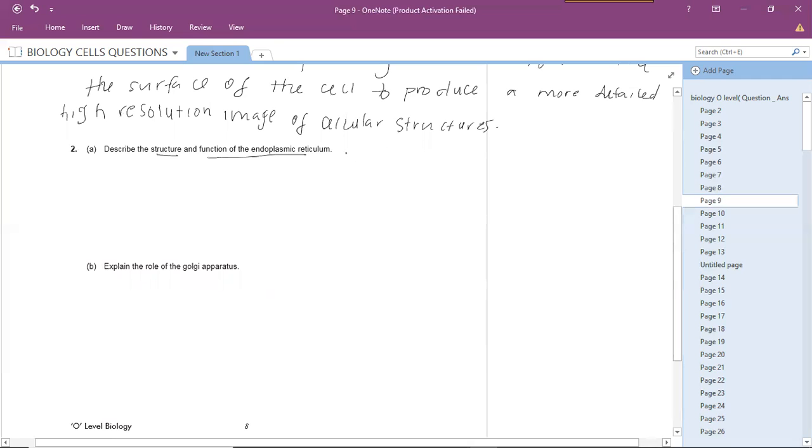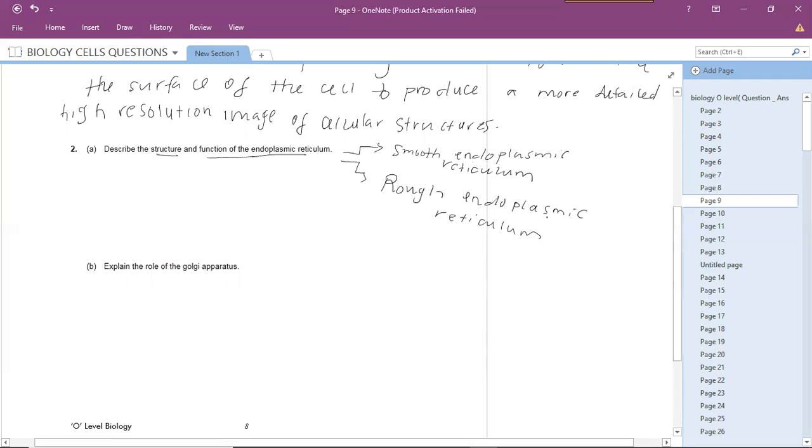So here, remember, there are two types of endoplasmic reticulum. There is a smooth endoplasmic reticulum, and a rough endoplasmic reticulum.